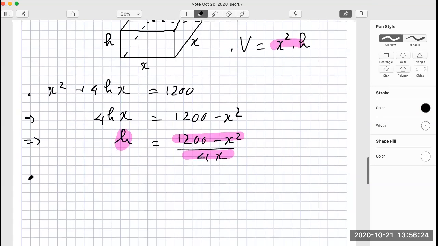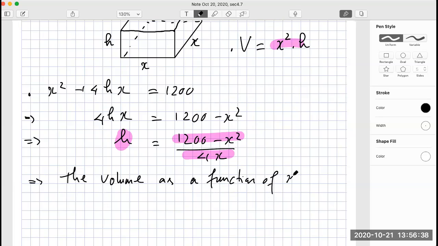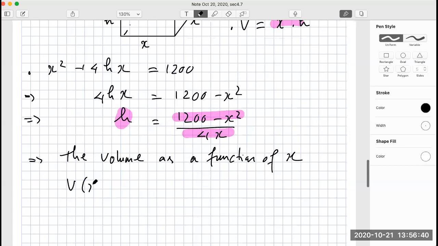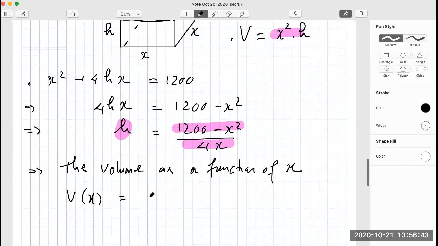Finally, we can write the volume as a function of x, which is V of x. It will be x squared multiplied with (1200 minus x squared) divided by 4x here. Okay?